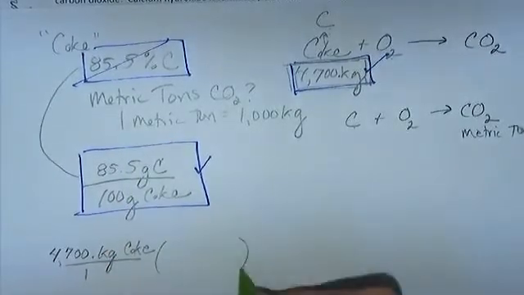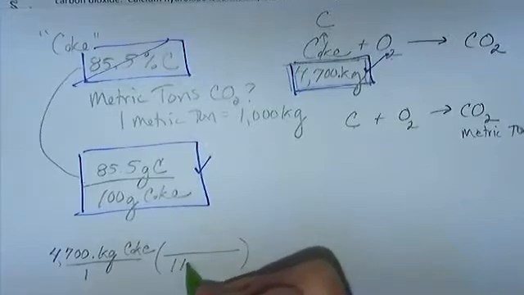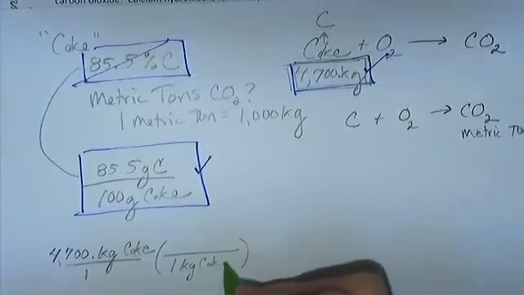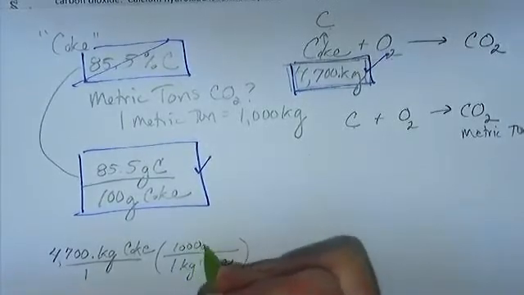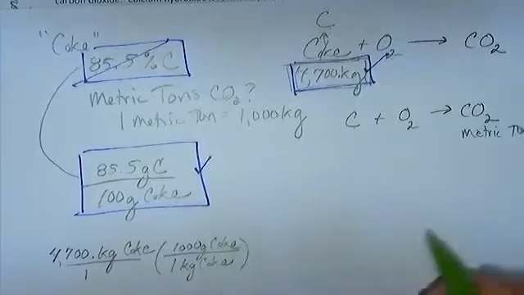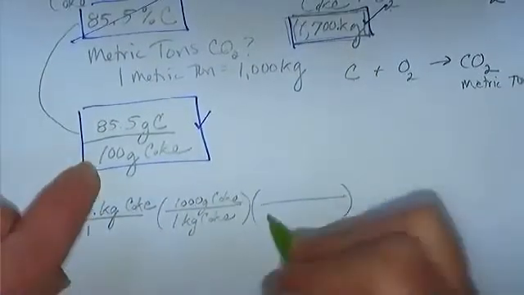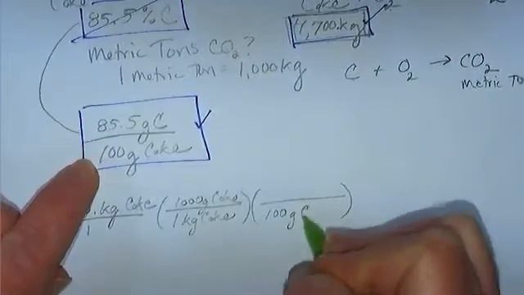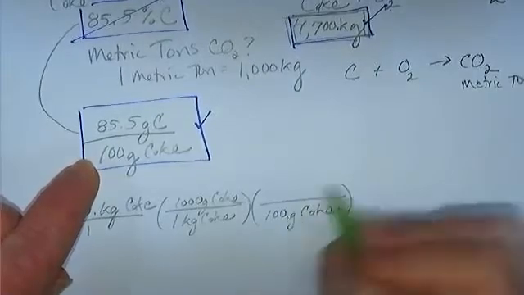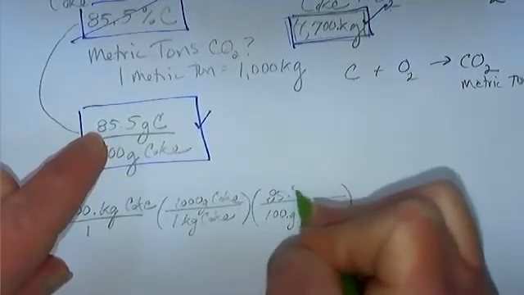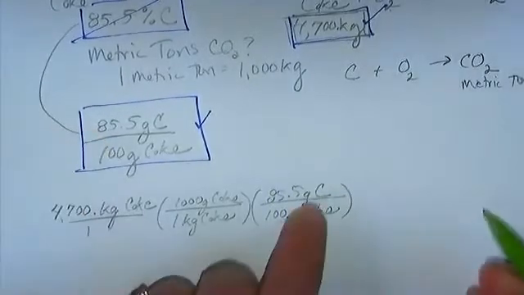So the first thing I'm going to do, let's get out of kilograms. And we know 1 kilogram is 1,000 grams. And next, every 100 grams of coke is 85.5 grams of carbon.